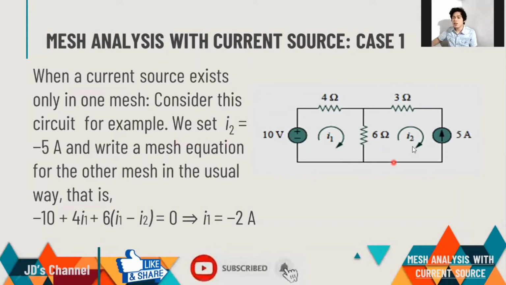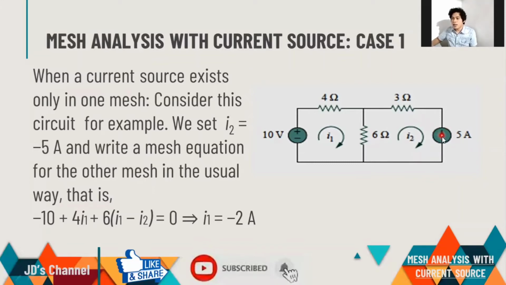We set I2, okay, I2 is negative 5 amperes. So bakit, class, naging negative 5? Tatandaan niyo lagi, pag ang mesh current natin, and then meron tayong current source na may flow ng current dito, pag siya ay sumalungat sa flow, counterclockwise yung isa, naman pataas yung isa, magsasalubong sila.